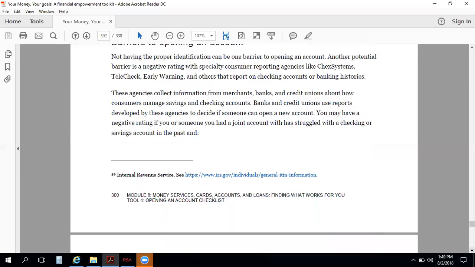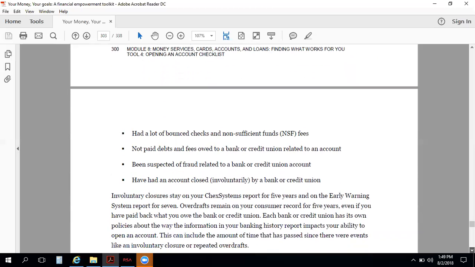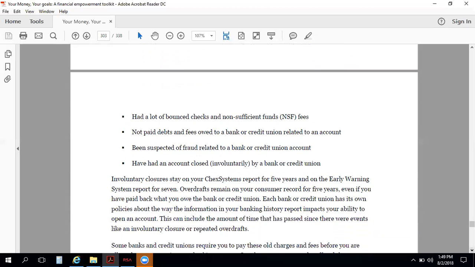Banks and credit unions use reports developed by these agencies to decide if someone can open an account. You may have a negative rating if you or somebody had a joint account and has struggled with a checking or savings account in the past and had bounced checks or been suspected of fraud or had an account closed involuntarily.